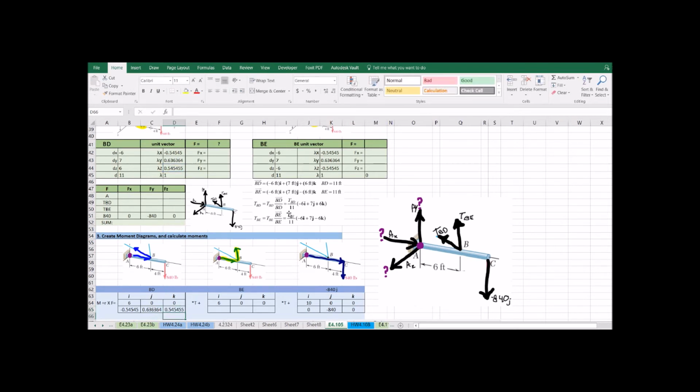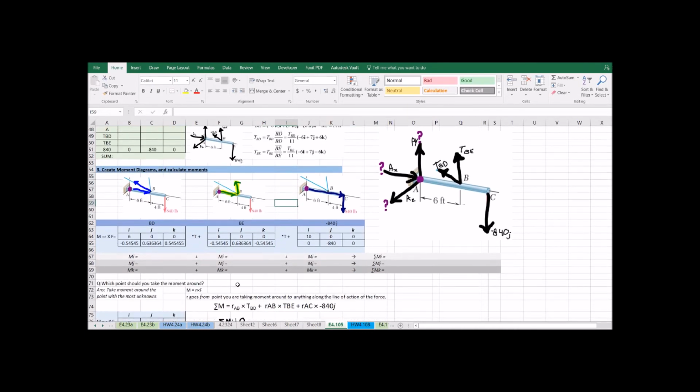So 6/11, 7/11, 6/11. And here's the other one. Again, 6/11, 7/11, and 6/11. And the only difference there was those negative signs.